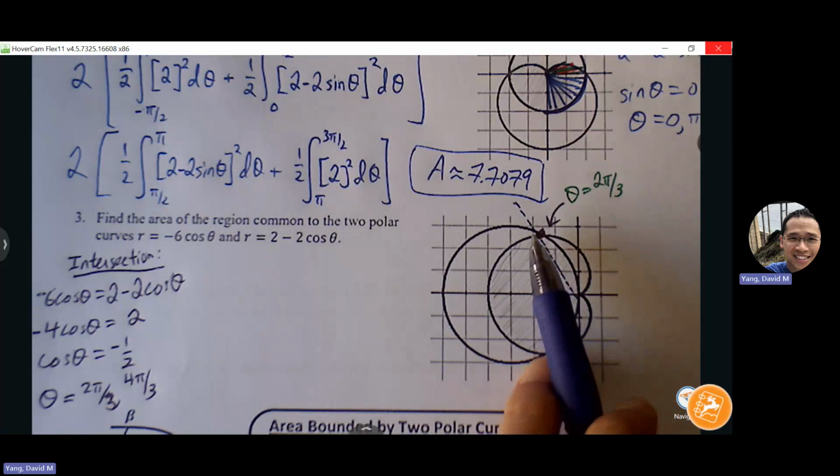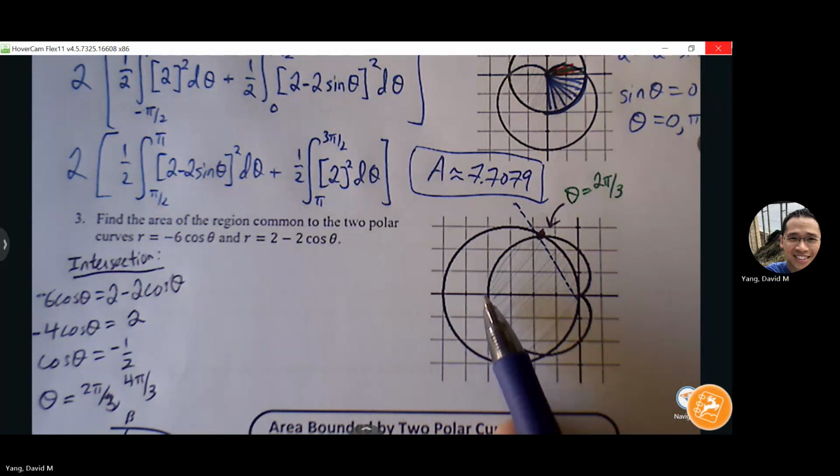And then after that, it's going to switch to a different graph from 2 pi over 3 to pi.